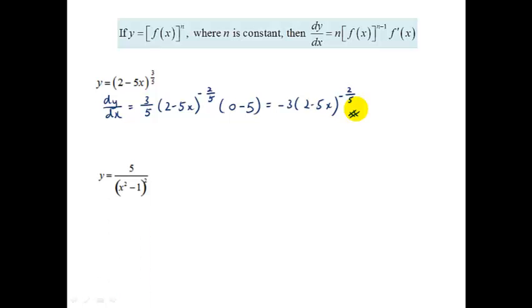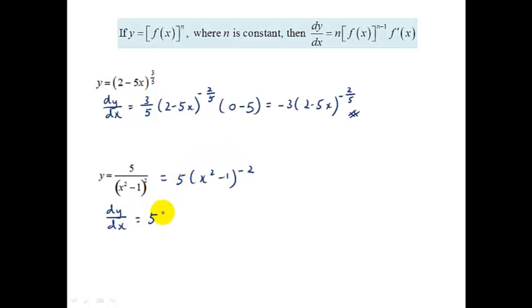Let's try another one. But before I differentiate this, I need to rewrite this by bringing this x term up. So the power here is now minus 2 because I brought it up from the denominator. Okay, I think I'm ready to use this formula again. dy/dx is equal to, let's keep the 5, this is coefficient.